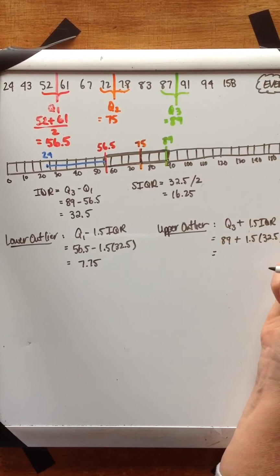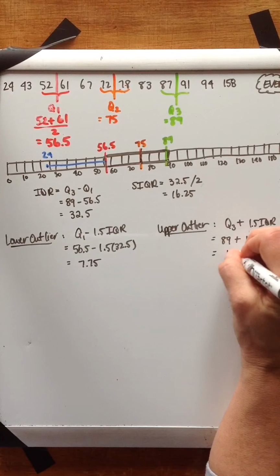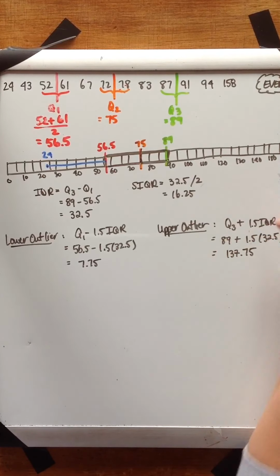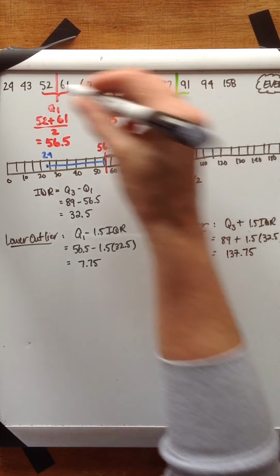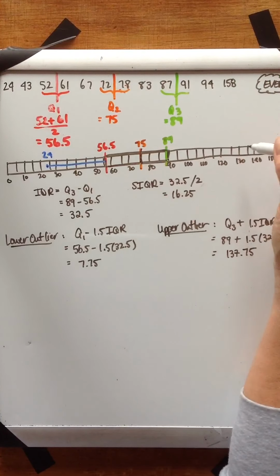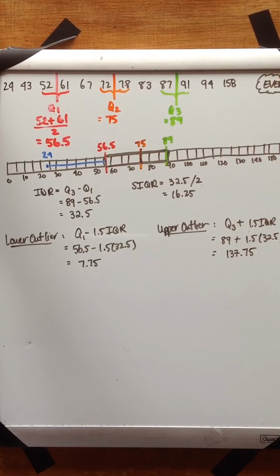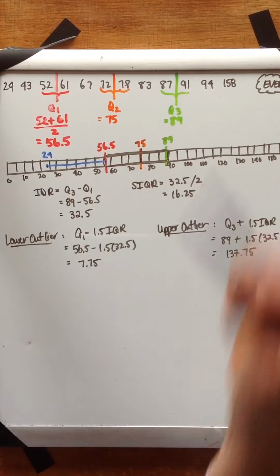And when we do the calculation, we see that we get 137.75. So that means the upper range within this data set, in order not to have too big of a spread, should be 137. Our data point here of 158 well exceeds that. Okay?